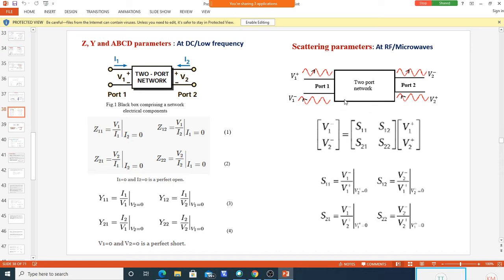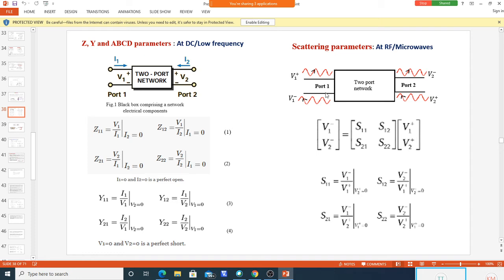Because we cannot use Z parameters, Y and ABCD parameters at very high frequencies. That is why we are going for scattering parameters, and as I also told, scattering parameter measurement is based on waves instead of voltage and current measurement.